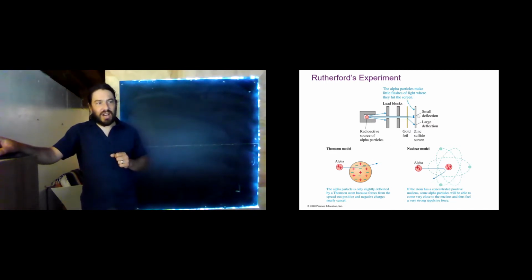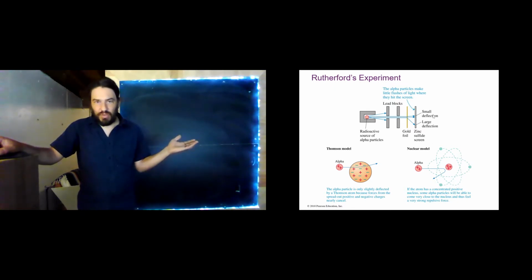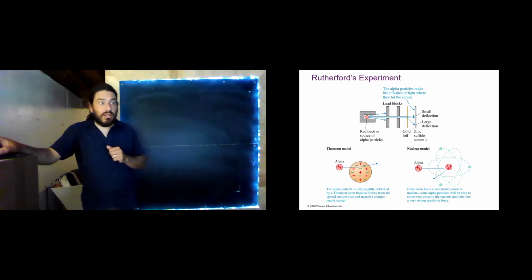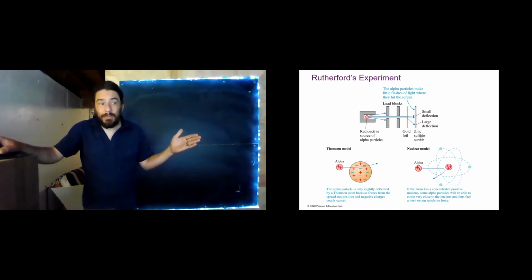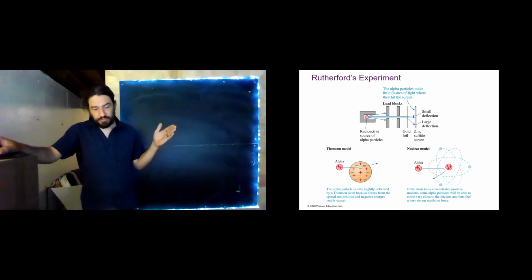He saw a lot of small deflections or no deflections at all, alpha particles passing straight through this gold foil. It's a very, very thin sheet of gold foil. And he also saw some very large deflections. Occasionally, an alpha particle turns around and heads back the other way. This is very surprising.